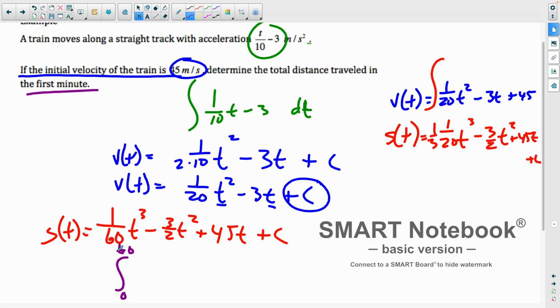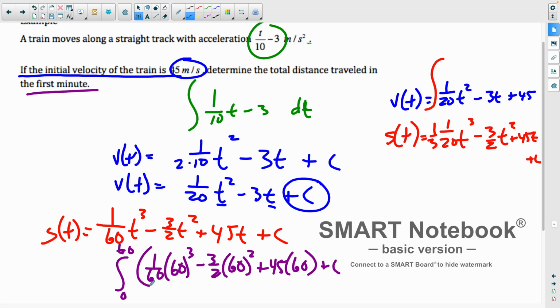So I'm going to plug the 60 in. So 1/60th times 60 cubed minus 3 halves times 60 squared plus 45 times 60, plus c. So I'm evaluating that part minus, now I'm going to plug the 0 in.